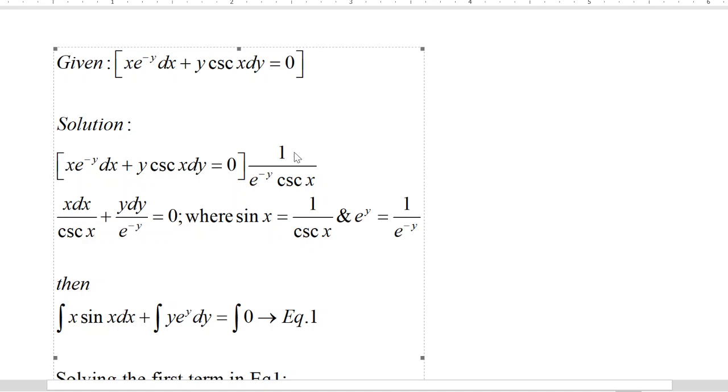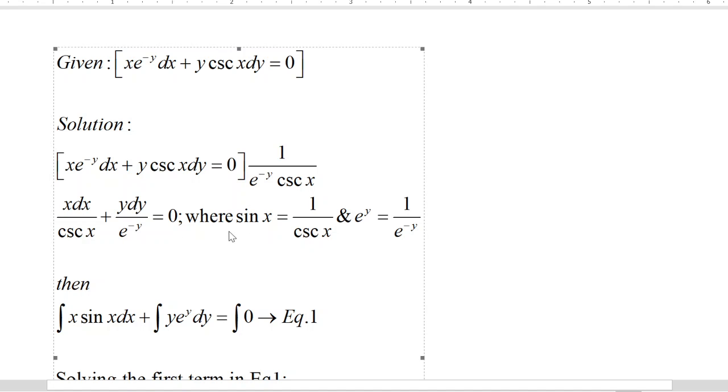So we multiply it there. The equation becomes x dx, and e raised to negative y cancels in the first term, over csc x. And then y dy, csc x cancels, over e raised to negative y, is equal to 0.